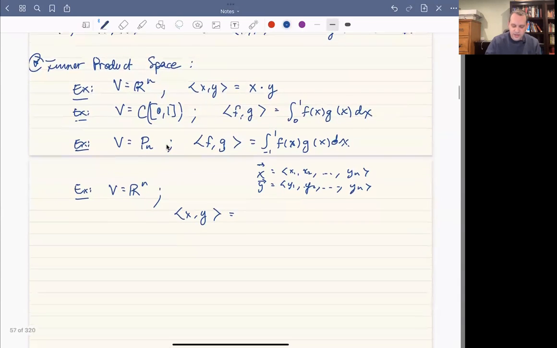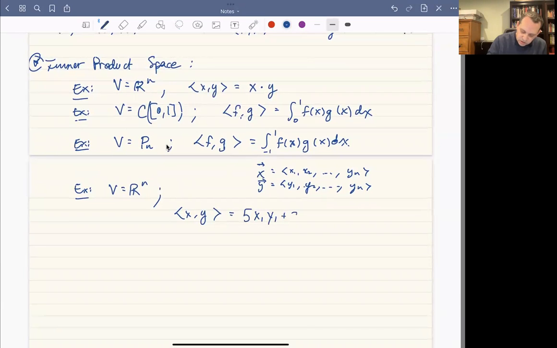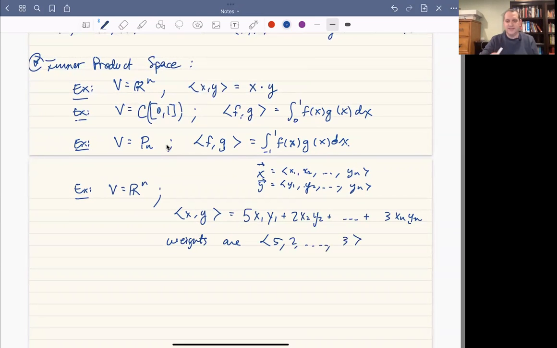What I mean by that is that I can take any non-negative values that I want, say 5 x1 y1, plus 2 x2 y2, plus whatever I want, all the way up to 3 xn yn. So here, the weights are 5, 2, whatever comes in between, and 3. When I say dot, dot, dot, I don't mean there's a pattern. I'm saying just whatever those numbers happen to be. So you can put whatever numbers you want here as long as they're non-negative.